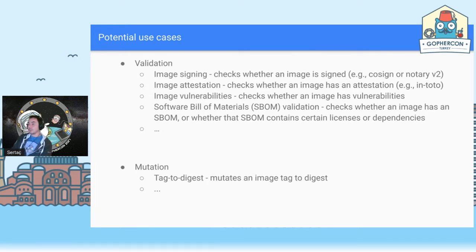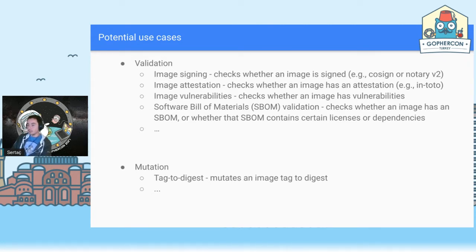And then checking whether an image has an SBOM in the first place, or whether that SBOM contains certain licenses, or maybe does not contain certain licenses your organization does not approve, or certain dependencies, like a specific version of one. So again, coming from log4j, you could check whether that specific version of this library is in my code, or has been used for building my code.